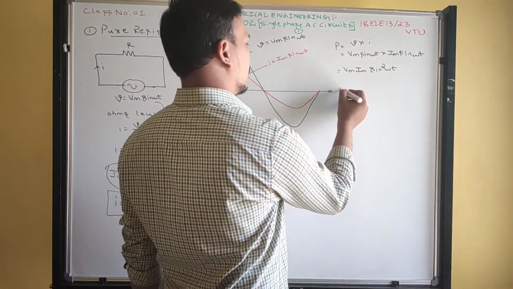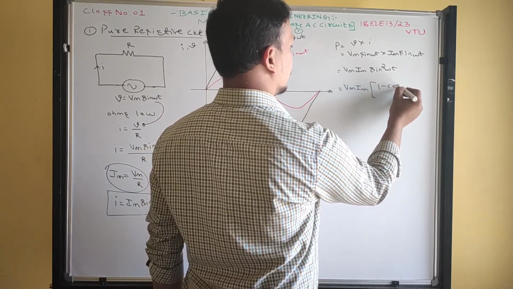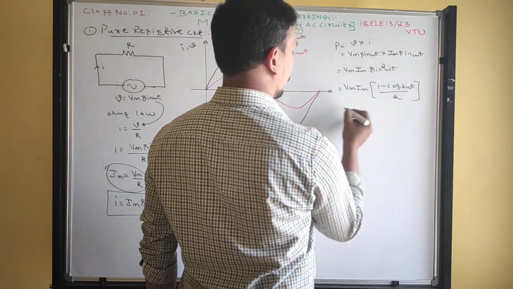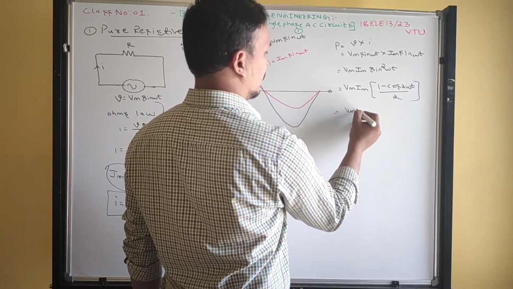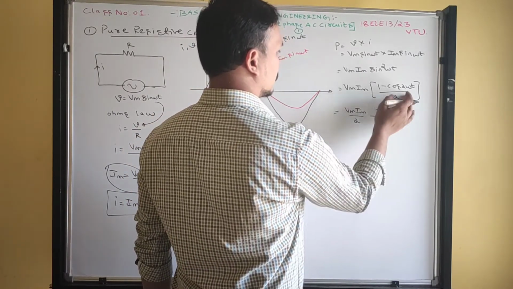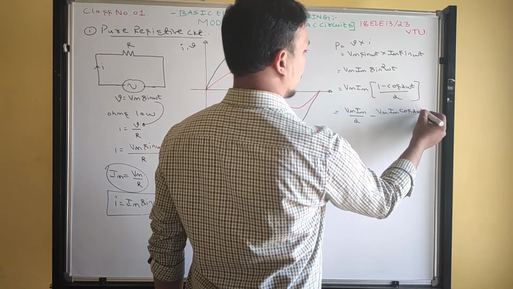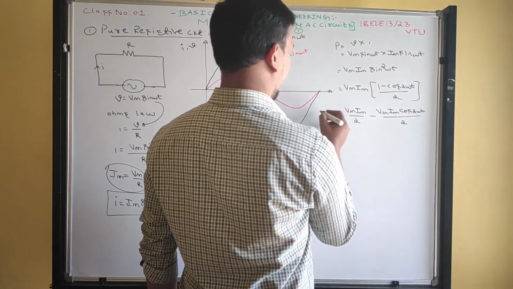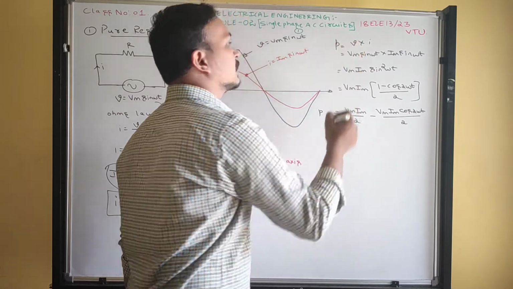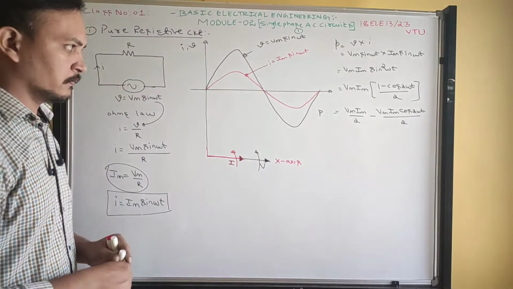Use the trigonometric formula: sin square omega t is 1 minus cos 2 omega t divided by 2. Multiplying, we get Vm Im by 2 minus Vm Im cos 2 omega t divided by 2. This is the instantaneous power, equal to instantaneous voltage into instantaneous current.